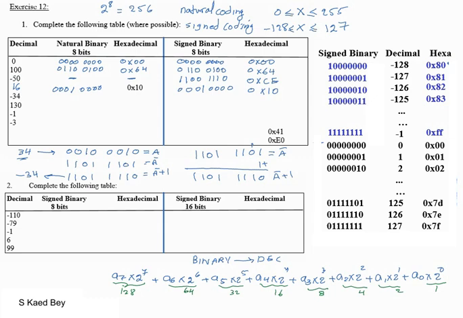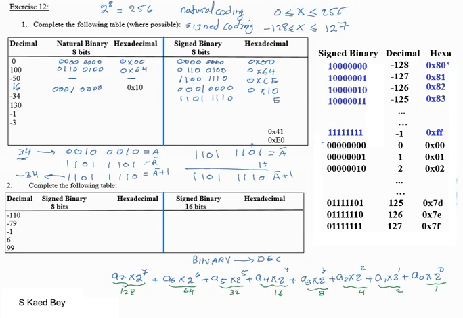The negative 34 now can be represented in the signed coding as 1101 1110. The first half byte is the letter E. This is number 14.